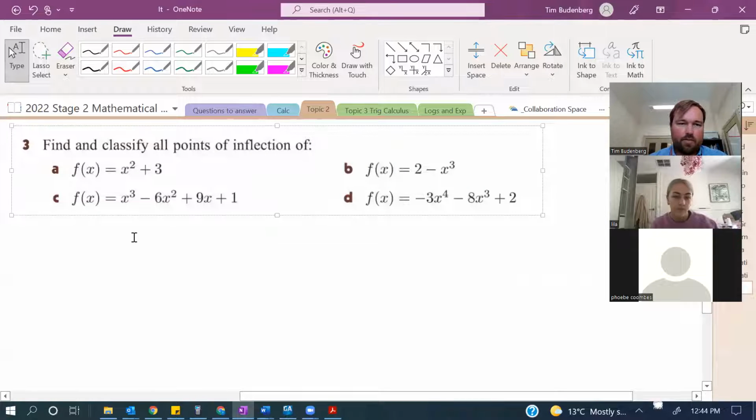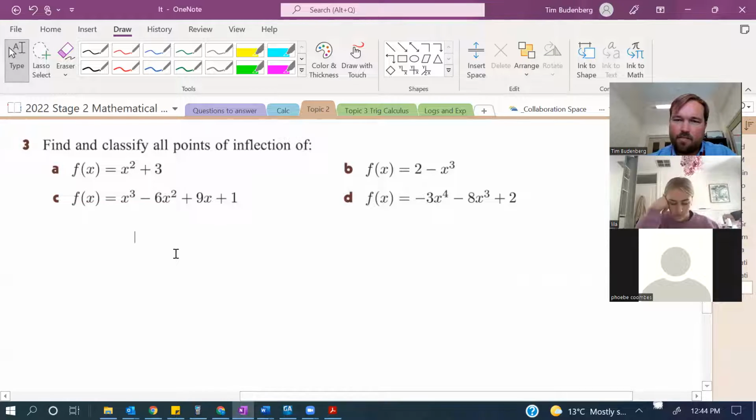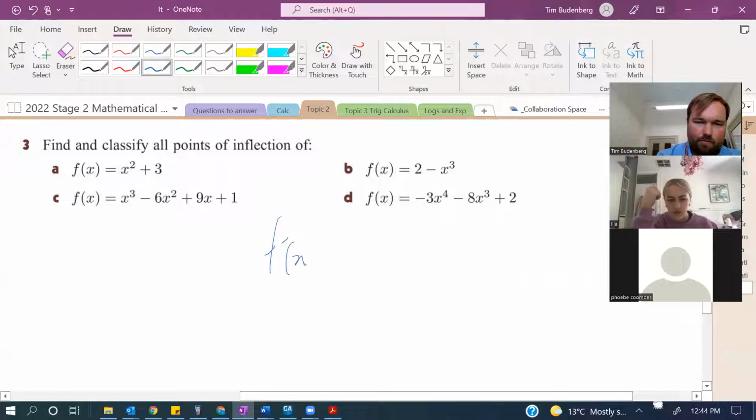All right. So we're looking for inflection points, so we want the second derivative, right? You only find inflection points with the second derivative, because inflection is when it goes from concave up to concave down, or vice versa.